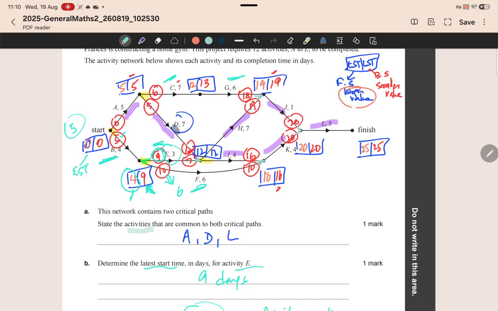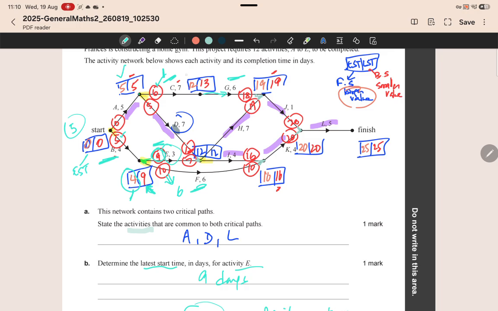Now if we look at C, the earliest start time is 5, the latest start time is 6, and so that is 1. If you look at G, there's no problem with G because there's only one edge coming off it, whereas if you have two edges coming off that particular vertex like C does, you have to be careful to take the backward scan value as your latest start time.